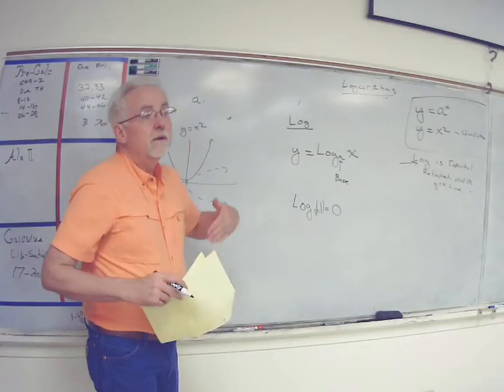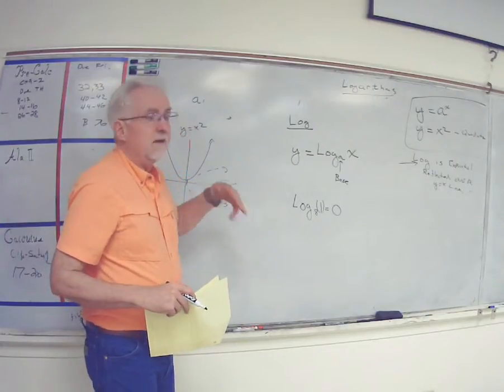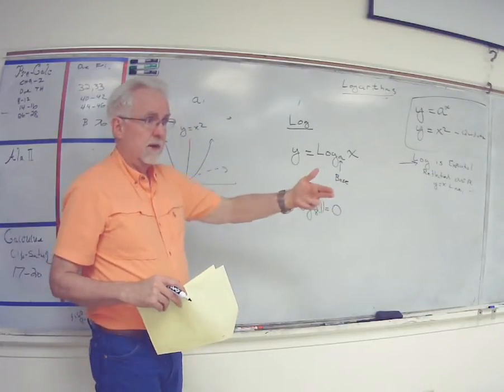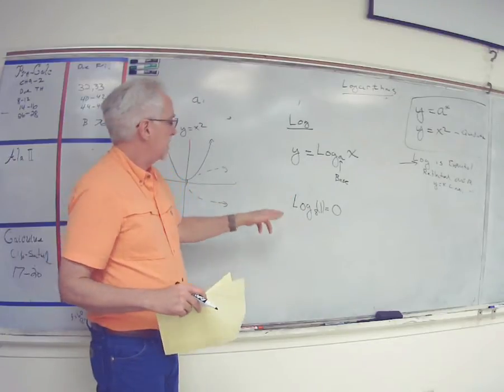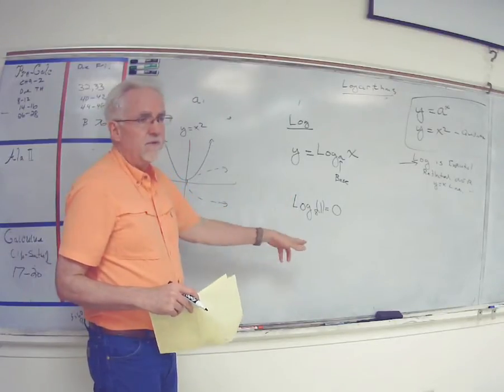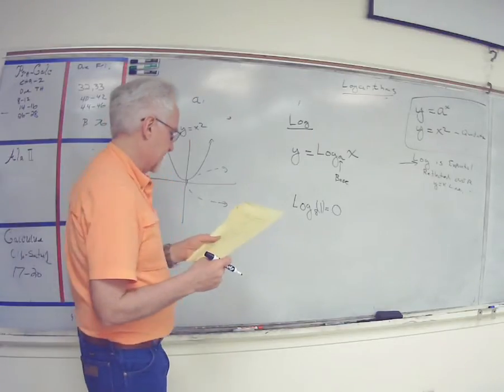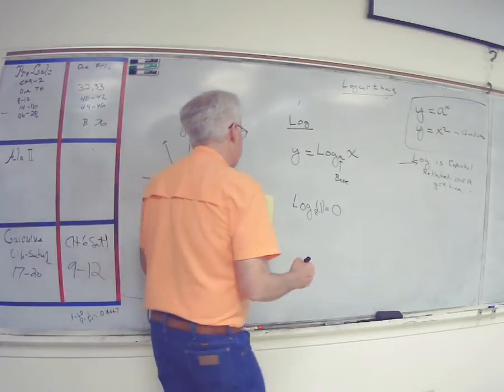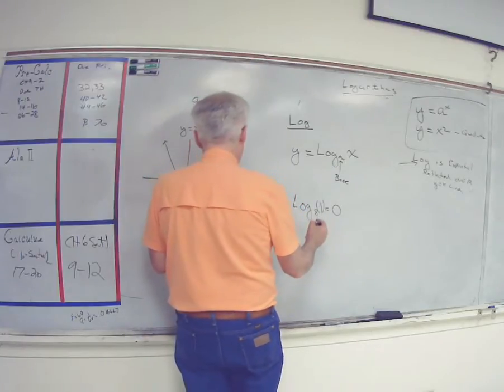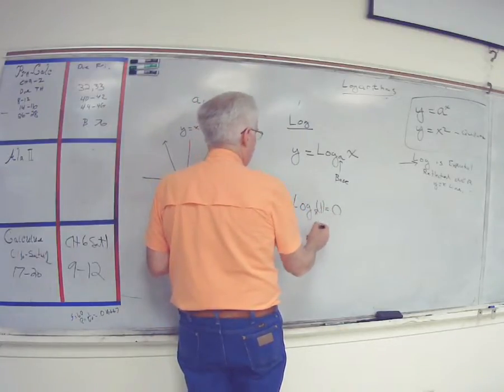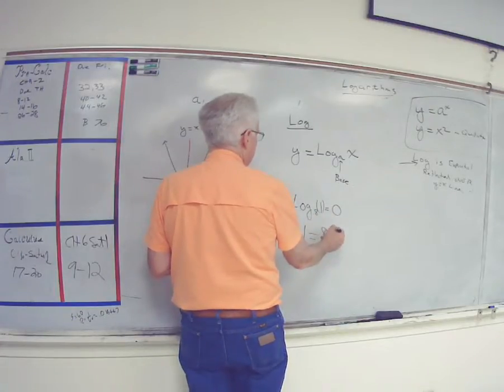It's log base 8 of 1. It's not times 1, it's of 1. So if you wanted to get rid of this, you couldn't divide both sides by log base 8, right? You'd have to do something else to get rid of it. But this is the way you undo this. You could say 1, okay? If I just have 1, where does the log base 8 go? It goes like this, 8. The 8 goes to the other side, and the 0 goes up.